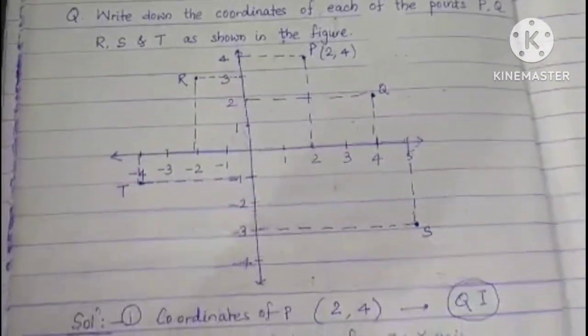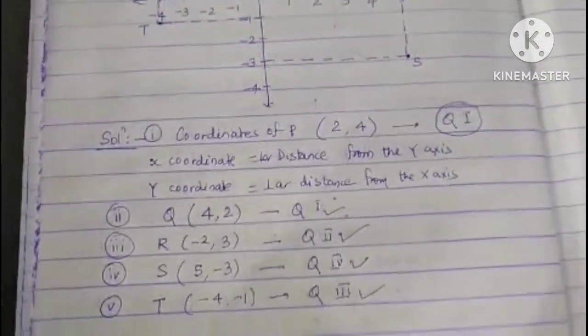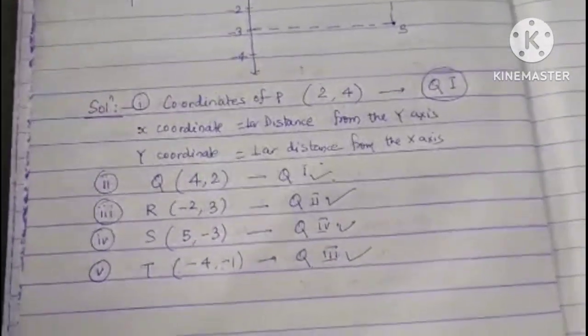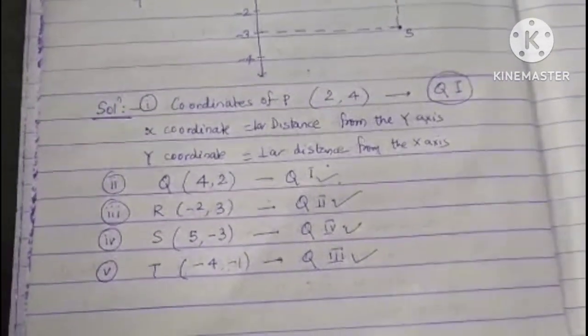Now let us conclude this lecture here, and we will come to lecture 3 for the question and answer parts. Friends, in lecture 2 we discussed the Cartesian system, the coordinate axes, the coordinates of a point, and the 4 quadrants, and we saw how we write the sign conventions.